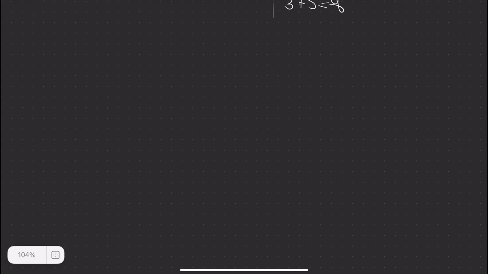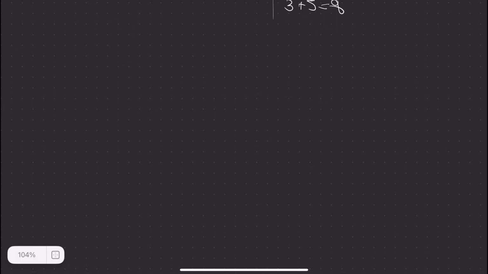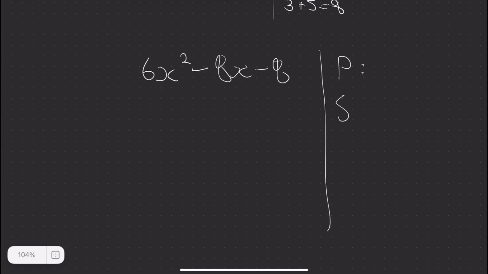What about non-monic trinomials, so that the a term is not equal to 1? A common example would be 6x squared minus 8x minus 8. So we still want to use the PSF method, but first we want to multiply this a term with this c term over here.